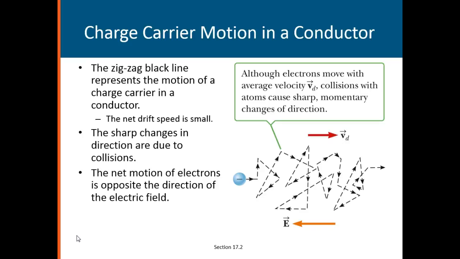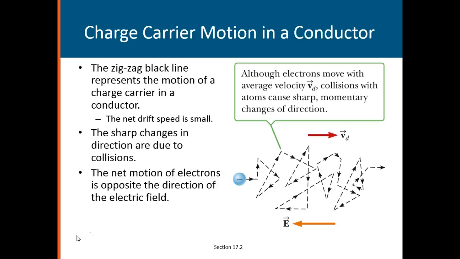The zigzag black line represents the motion of the charge carrier in the conductor. The net drift speed is incredibly small. The sharp changes are due to collisions with something else, usually atoms, possibly other electrons or ions.